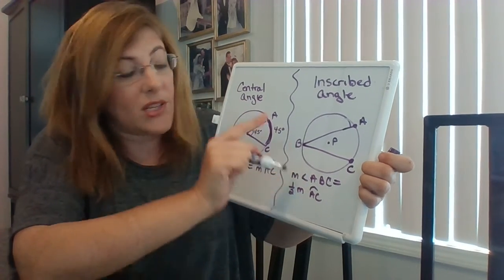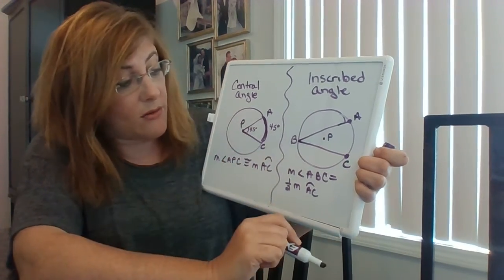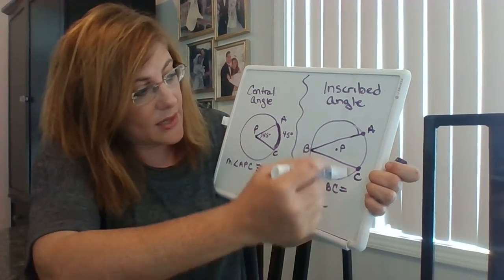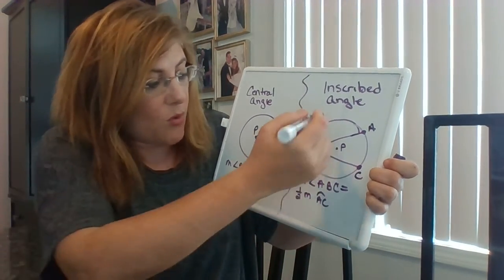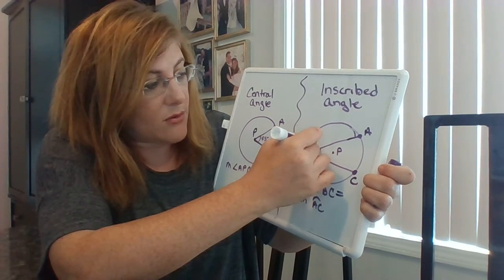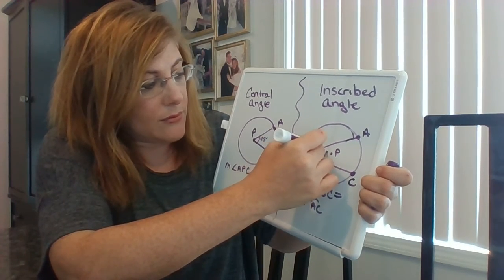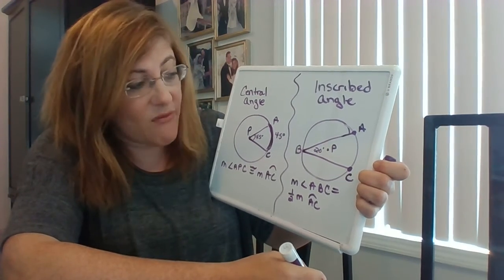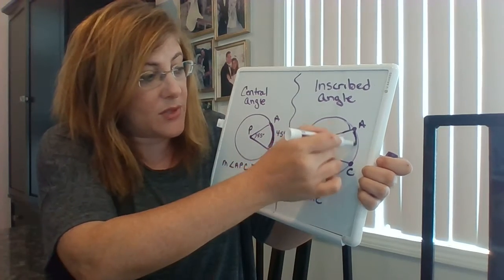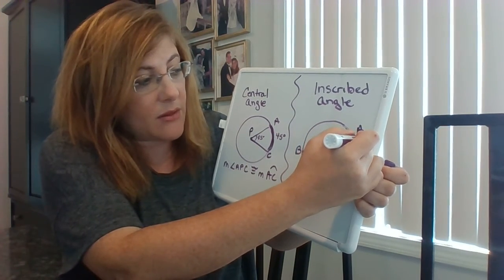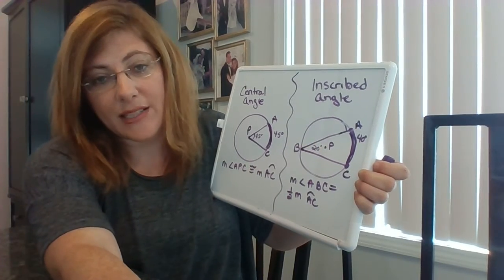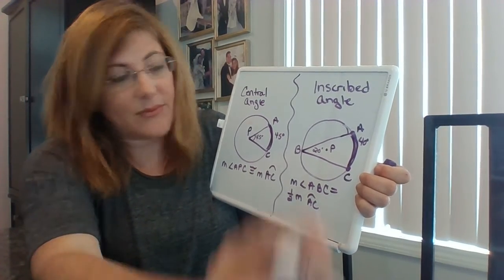It's different when you're dealing with an inscribed angle. In this case, angle ABC, let's say that was 20 degrees. That's going to be half the measure of its intercepted arc. So the intercepted arc would have to be 40 degrees. Different.